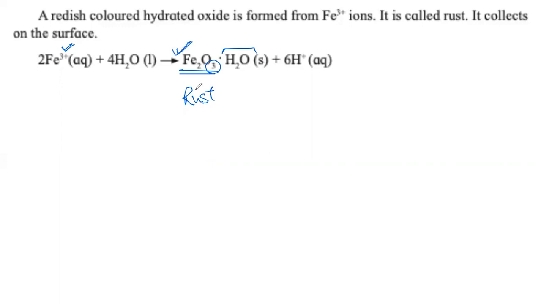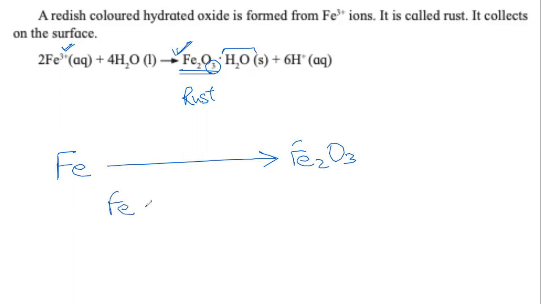So what is happening here? Net effect, we started with the metal iron, but because of a lot of things that are happening, it is getting converted into Fe2O3, which is rust. We can say that iron is wasting, the strong metal that we started with.